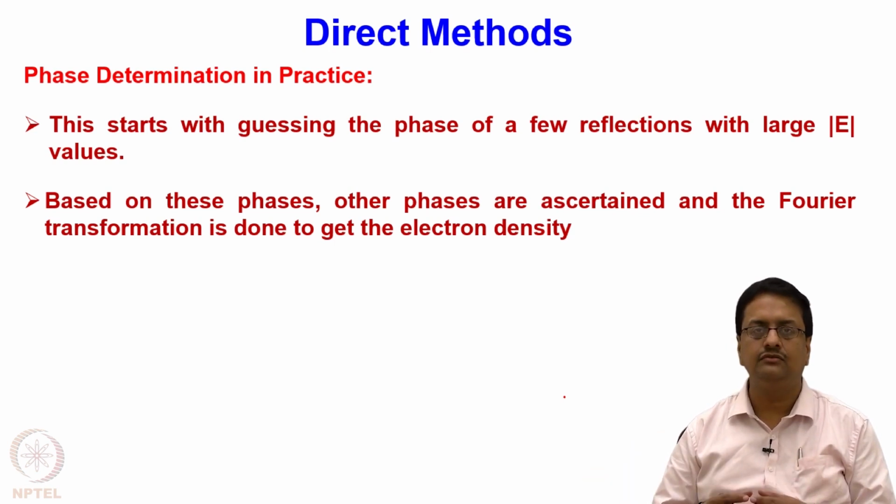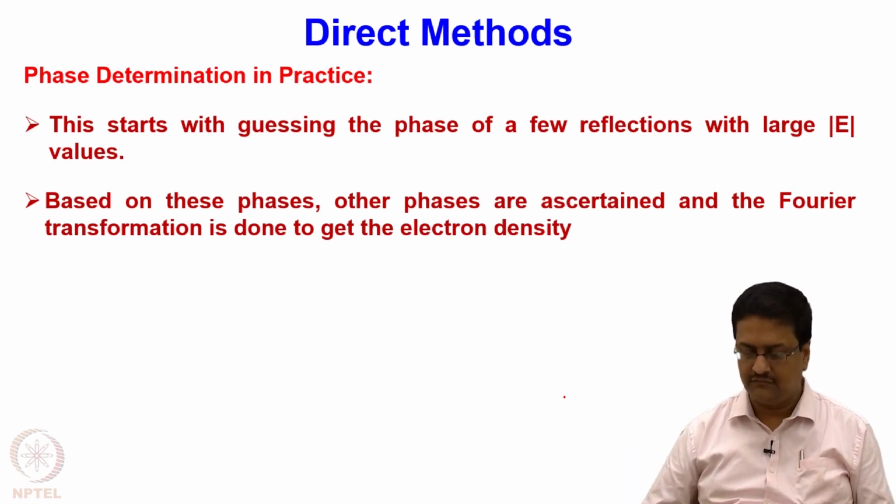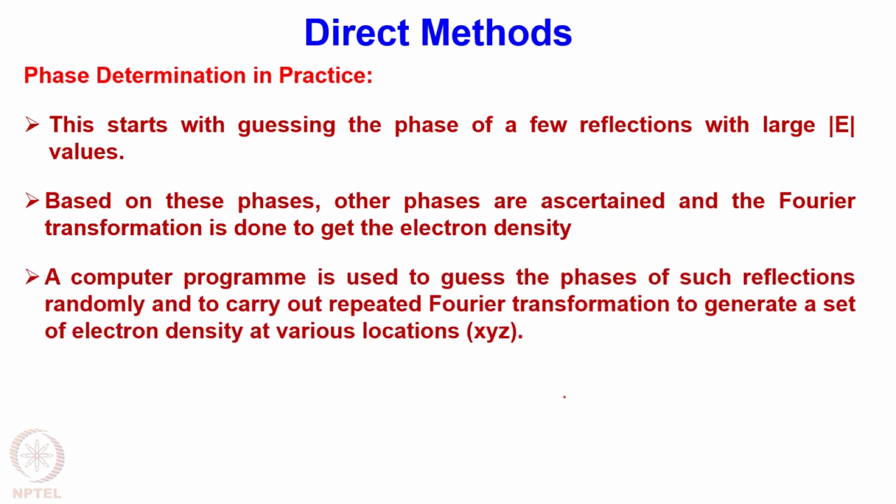What we try to do is arrange these reflections in terms of decreasing values of E. We utilize a computer program to guess the phases of such reflections randomly, and then we carry out repeated Fourier transformations and generate sets of electron density at various locations, and then plot those electron densities and see whether they have appropriate bond connectivities or not.